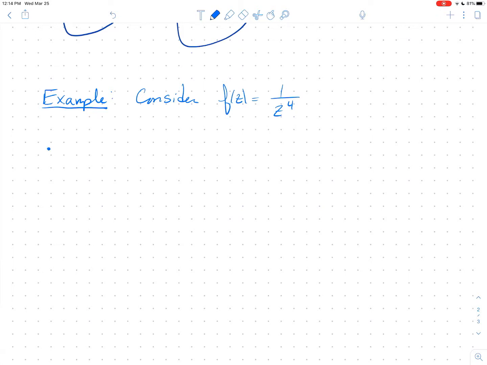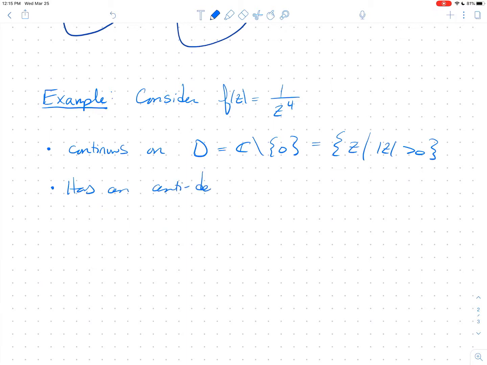All right, well, you should realize this function is not continuous on the entire complex plane, but it is continuous on, let's call the region, the domain D. D here is just the complex plane subtract 0. This is really the set of z such that the modulus of z is positive. And it has an antiderivative, big F of z, equals negative 1 over 3z cubed on D.